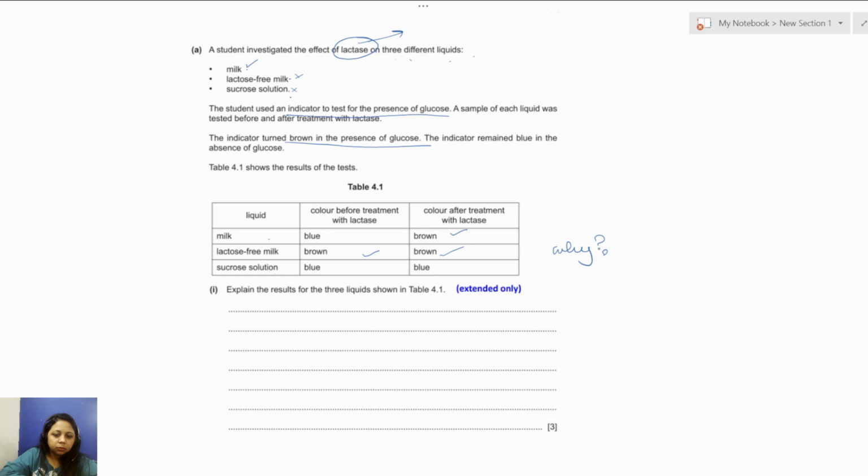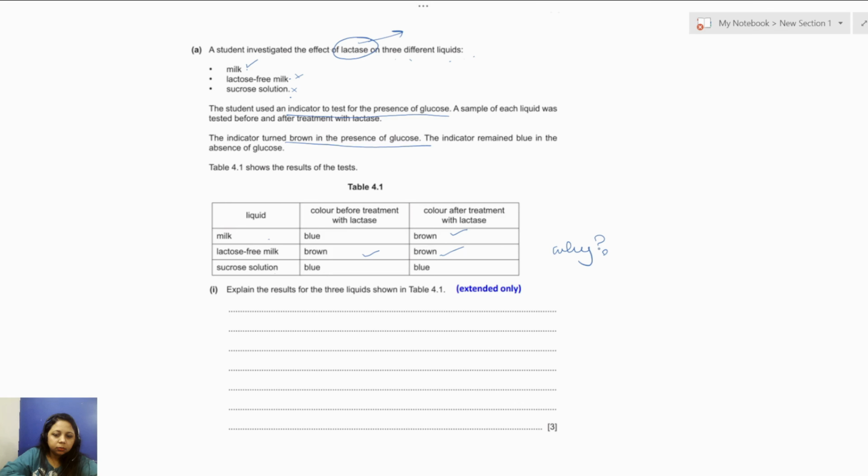Milk doesn't contain glucose, it contains lactose. When we add the enzyme, it breaks down into glucose. So result number one is that before treatment it is blue, but after treatment it is brown. This means before treatment there is no glucose, but after treatment the lactose is converted into glucose.